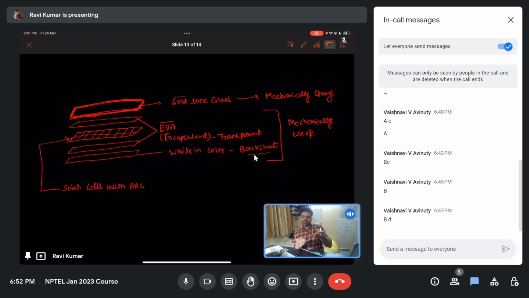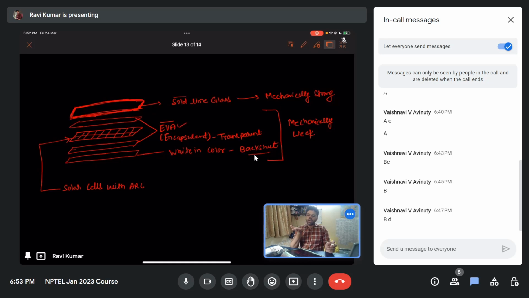After that, if we just put a solar cell on the soda lime glass, it will not be encapsulated. So we need some kind of glue there, which will glue the solar cell on the glass. So we use this EVA.